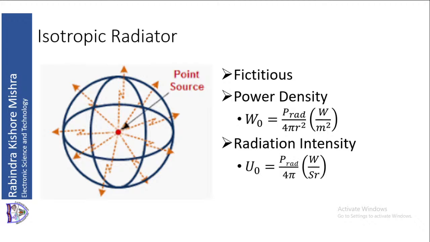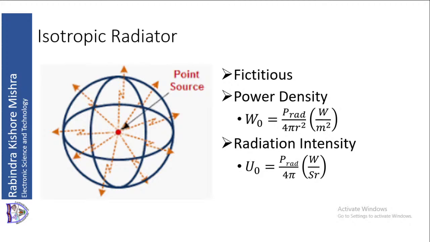Then the radiation intensity: how intense is the radiation in any direction. So this is power density over all directions. Now the radiation intensity is power density into r square. So that is P rad by 4 pi, which is equal to W by steradian.